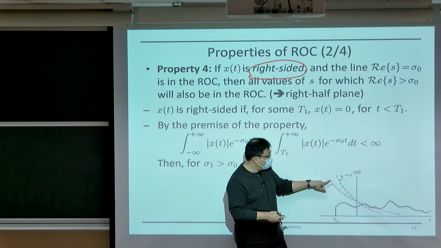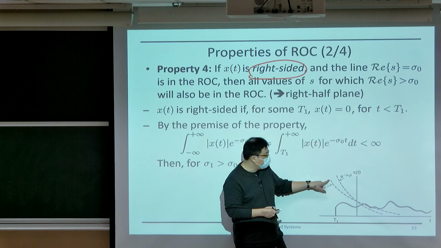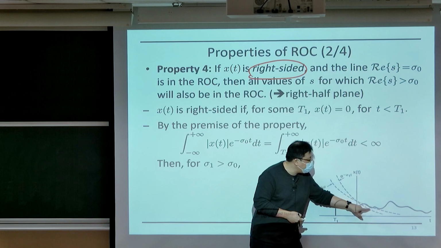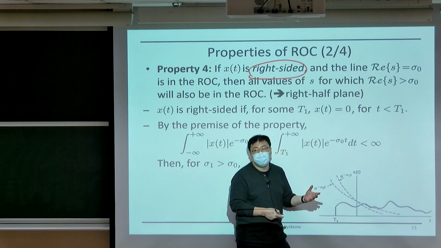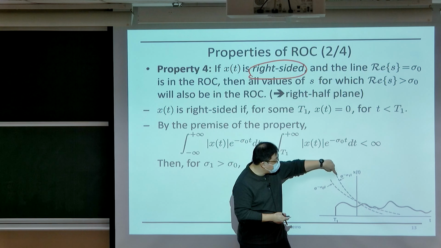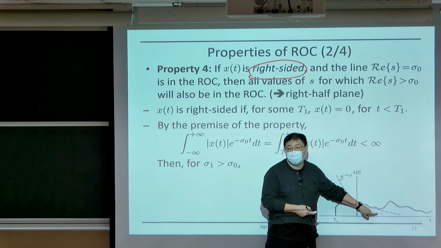So if it is absolutely integrable by multiplying by this curve that decays this fast, then it must also be absolutely integrable if you multiply by something that decays even faster, right?